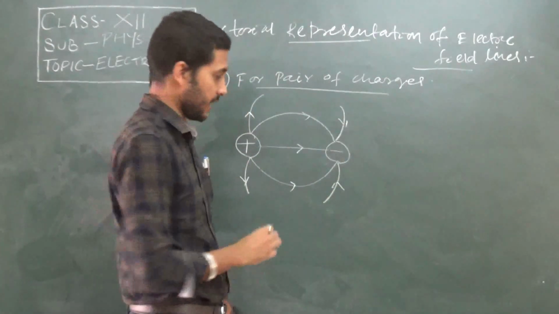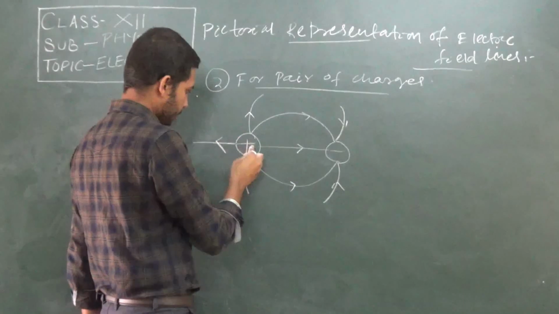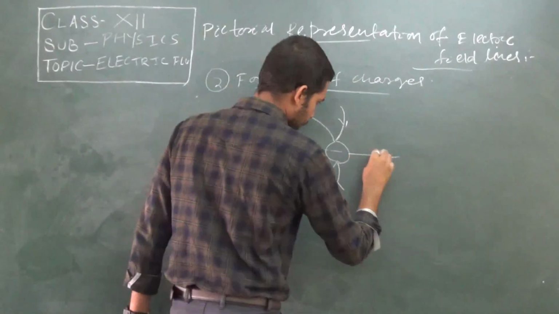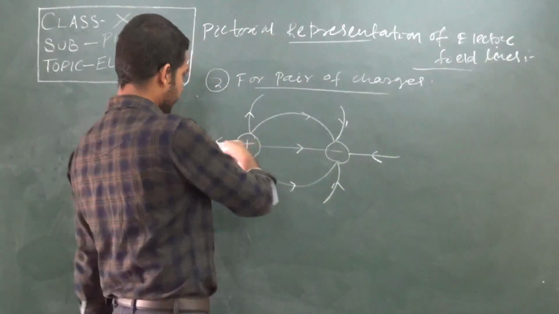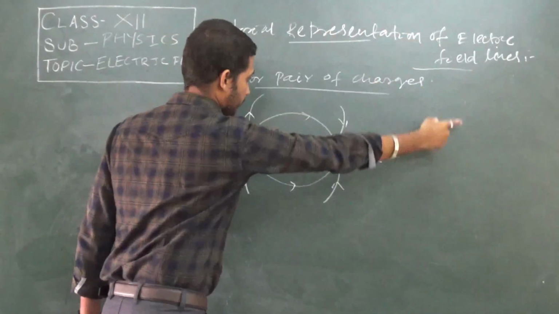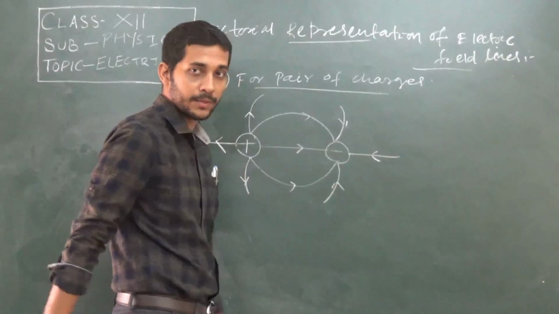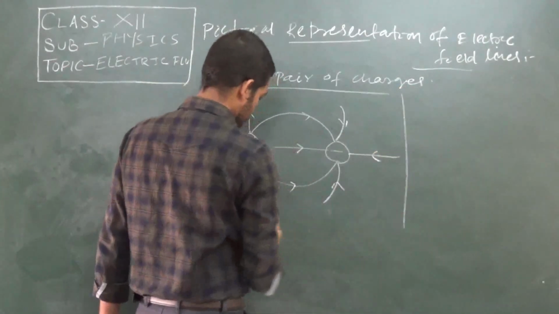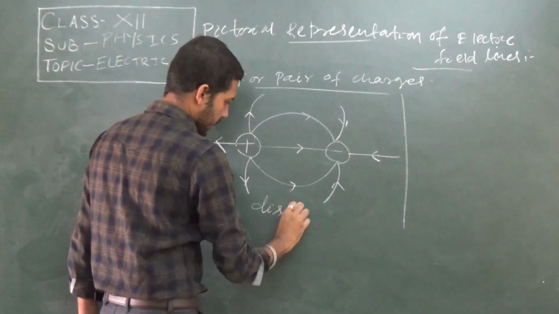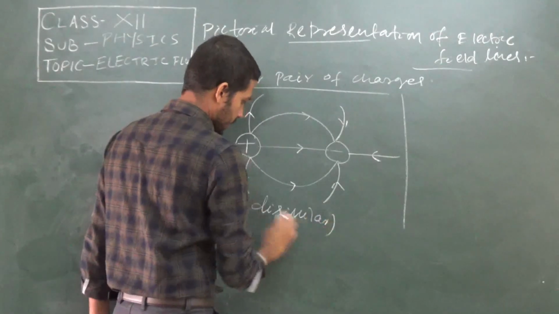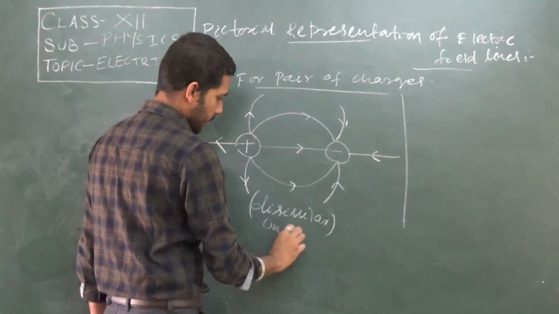So this is the diagram. From positive it is coming out, to negative it is going in. If I draw a larger one, then also the lines of force will come like this. From positive it will come out, and at negative it will go in. So this is for your dissimilar charges, or you can say unequal.